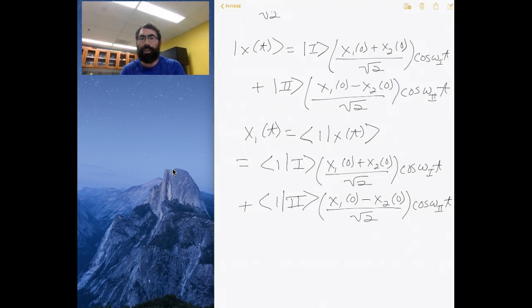So basically, what am I trying to do here? What I'm trying to do is make a change of basis. I've solved the problem in the diagonalized basis, where the two objects are either moving simultaneously left or right, or in their breathing mode where they're moving in opposite directions with each other.